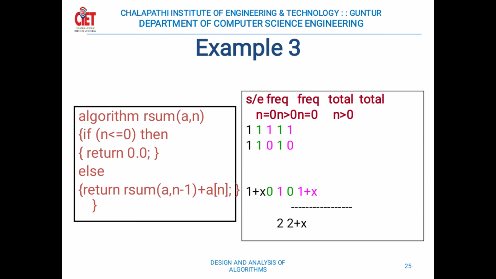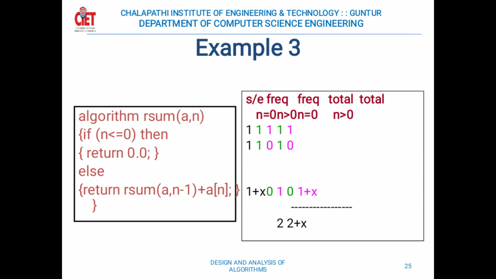So in the else case, if n is greater than 0, it needs to test the condition, after that enters into else. So if n is equal to 0 or less than 0, it requires only 2 steps. Whereas if n is greater than 0, it requires 2 plus x, where x is equal to the time complexity of n minus 1 elements.